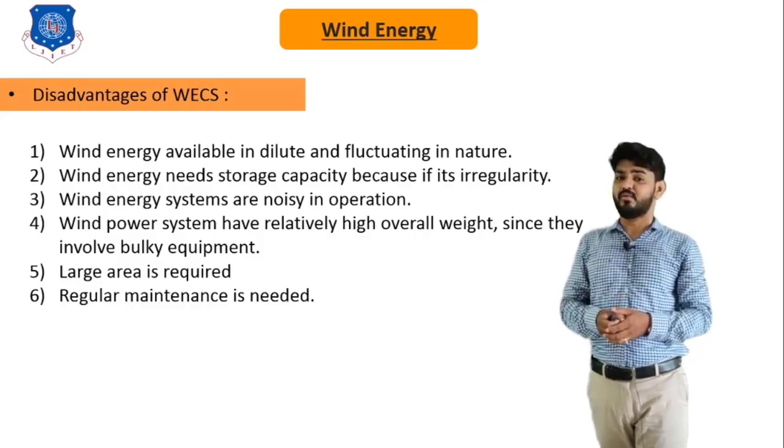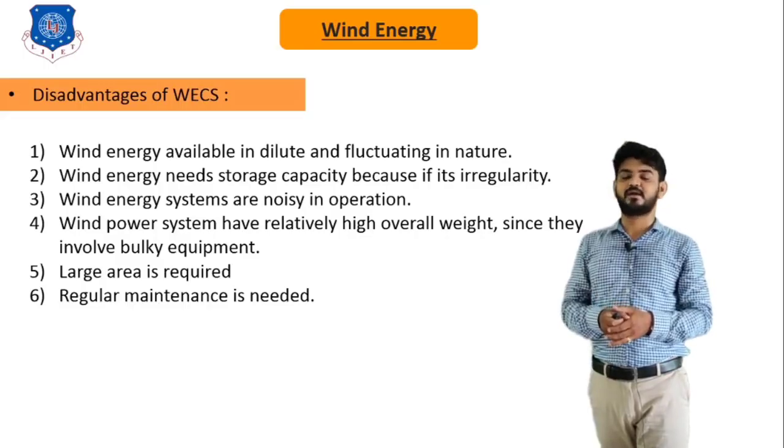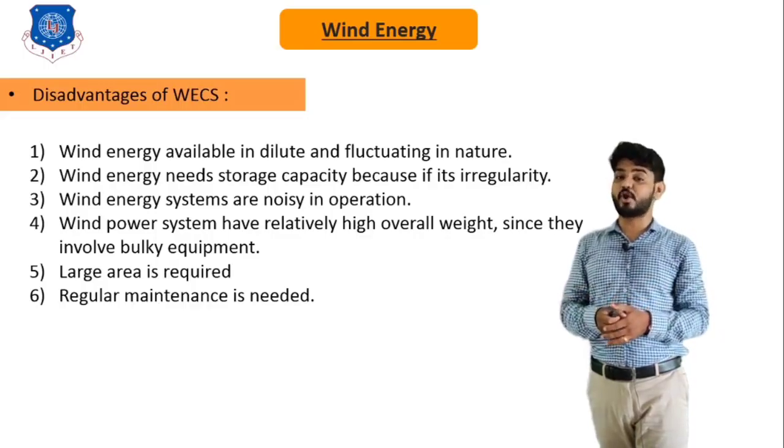Because of this bulky nature, it requires a large land area to set up a huge wind energy conversion system plant to get more electricity, which justifies the ultimate cost of production.